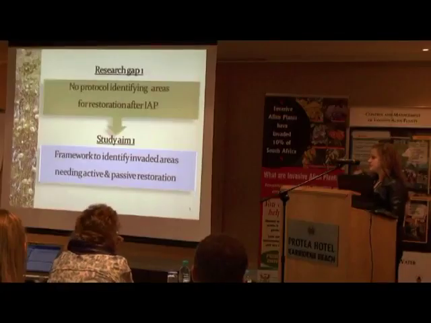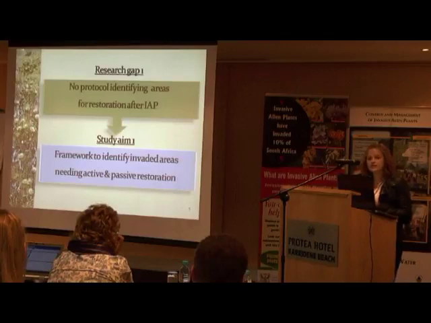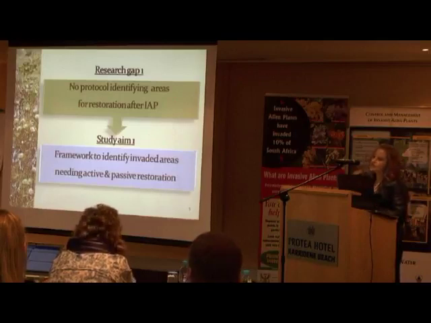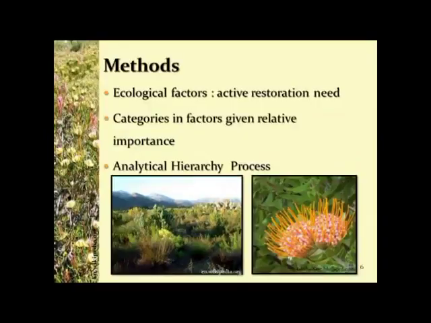This is important since if clearing projects fail, you get the reinvasion and secondary invasion of these areas and the wasting of resources. So this will be done by identifying ecological factors from the literature that would help identify when active restoration would most likely be needed.